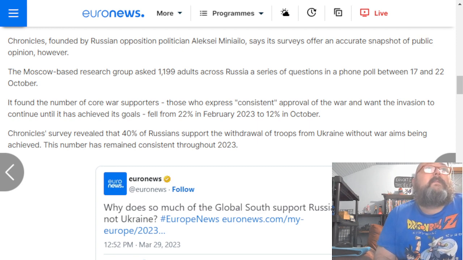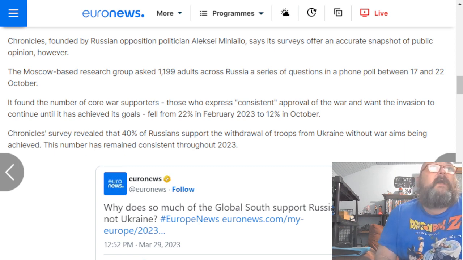It found the number of core war supporters, those who express consistent approval of the war and want the invasion to continue until it achieves its goals, fell from 22% in February of 2023 to 12% in October. The survey also revealed that 40% of Russians support the withdrawal of troops from Ukraine without war aims being achieved.